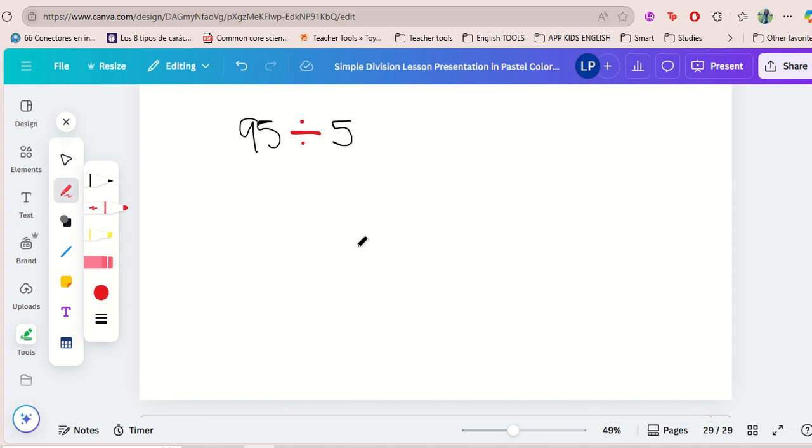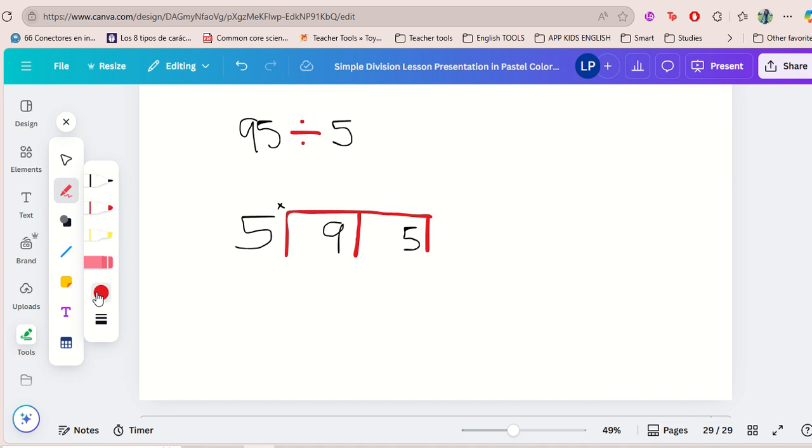So I'm going to start doing my rectangle that I like to do. I have 2 numbers, the 9 and the number 5. I set the number 5, that is the divisor, and here I set the dividend, 95. And I'm going to write here my times or x.